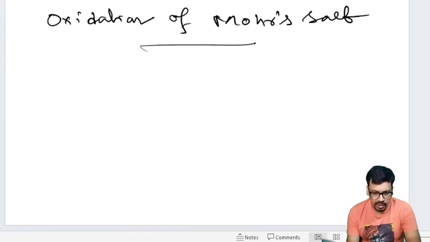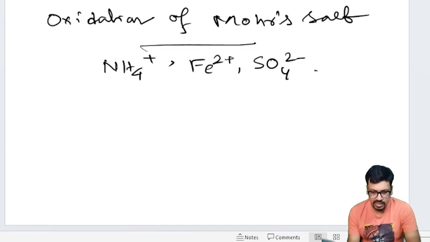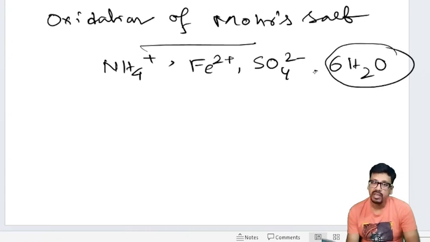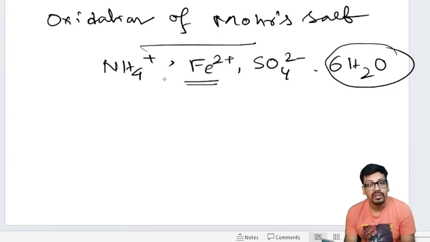Clear? Mohr's salt has the ammonium ion, Fe2 plus, and SO4 2 minus, and there is 6H2O. Now Mohr's salt has the ferrous ion, so the ferrous ion is oxidized to the ferric ion.